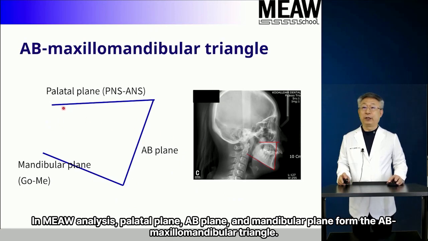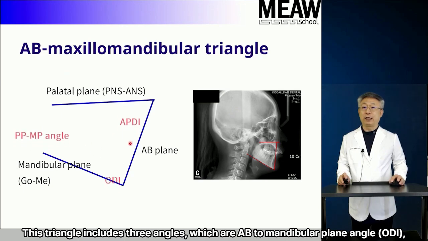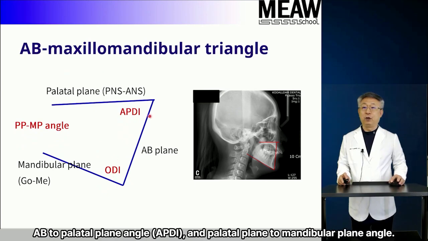In MEAW analysis, palatal plane, IB plane, and mandibular plane form the abmaxillomandibular triangle. This triangle includes three angles, which are IB to mandibular plane angle ODI, IB to palatal plane angle APDI, and palatal plane to mandibular plane angle.